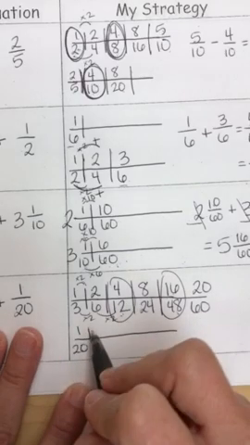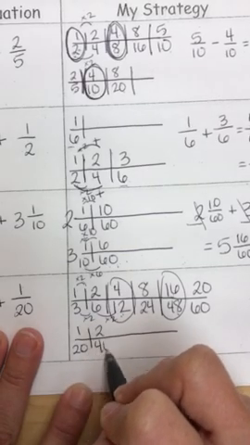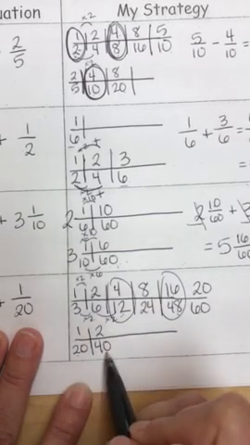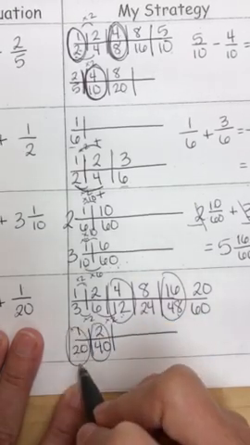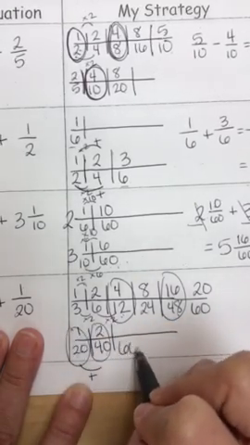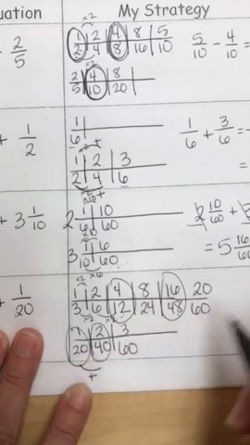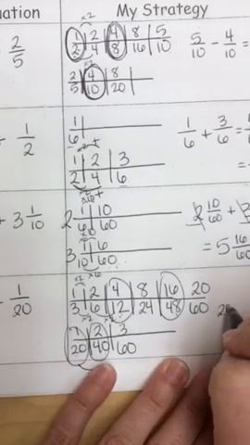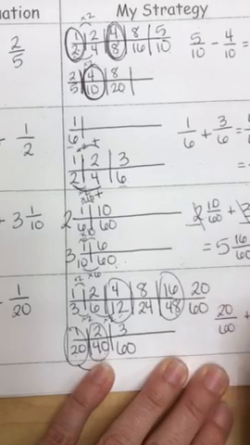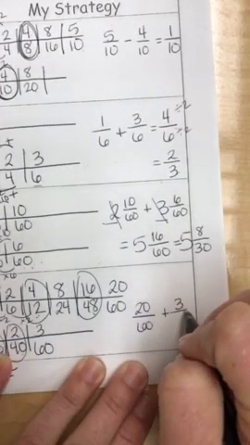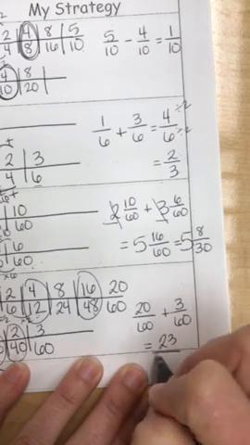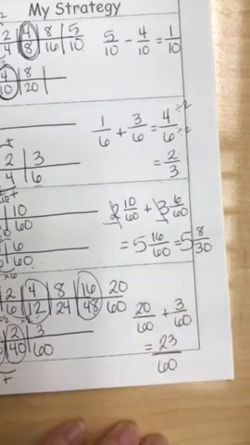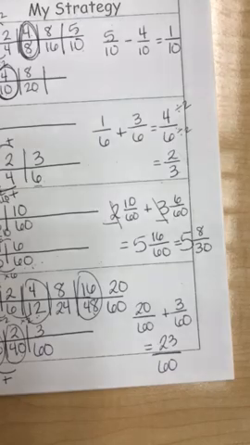Well, if I double this, I'd get 40. Ooh, now I know that 20 plus 40 is 60. So if I add these two together, I would get 60, and on the top I would get 3. So now I have 20 60ths plus 3 60ths, which equals 23 60ths for my final answer.